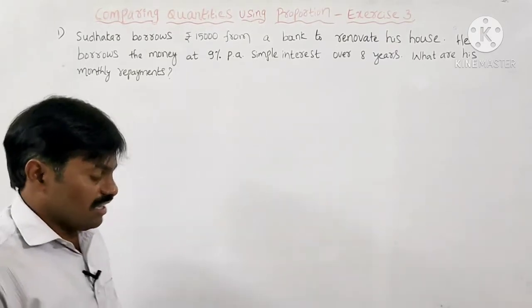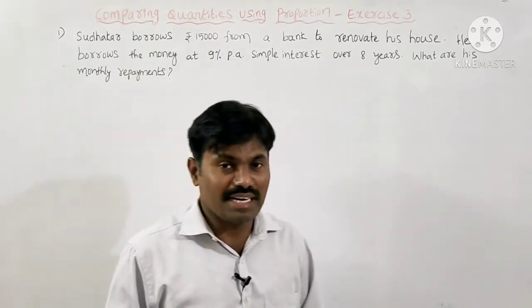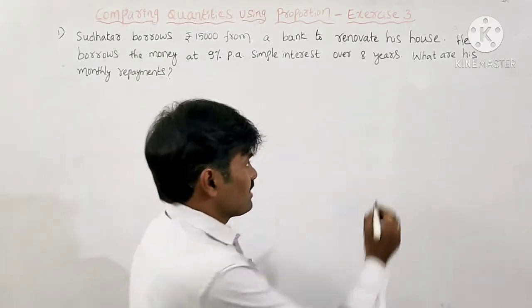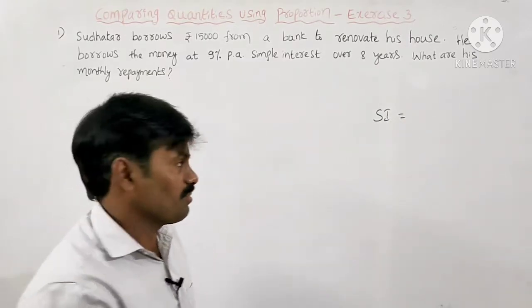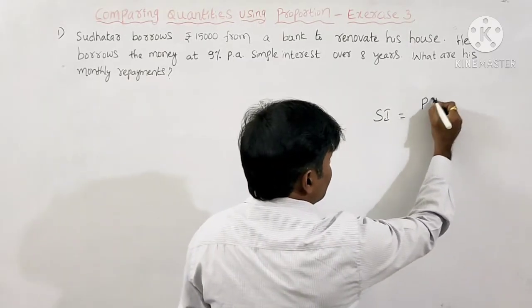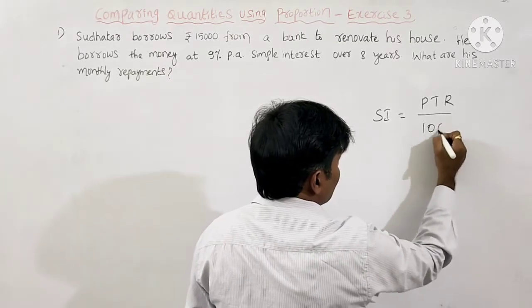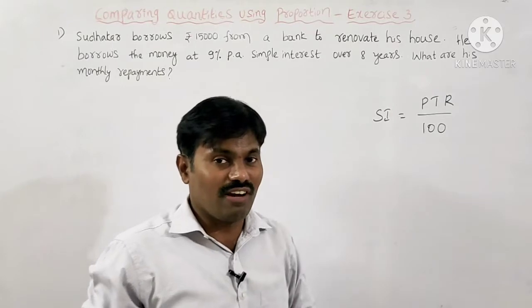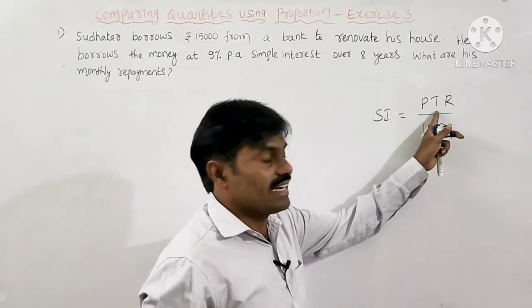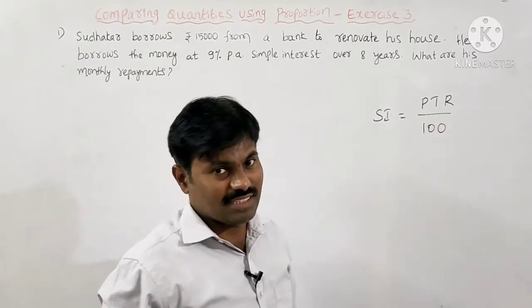As we know, the formula to find simple interest, SI, is equal to PTR by 100, where P is principal, meaning what amount we have taken as debt, T is time period, and R is rate of interest per annum.